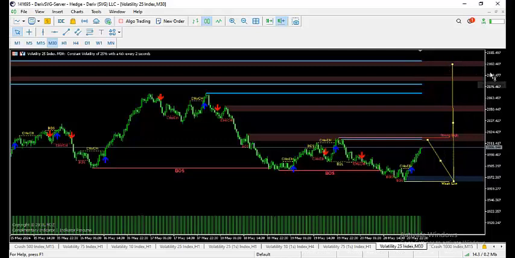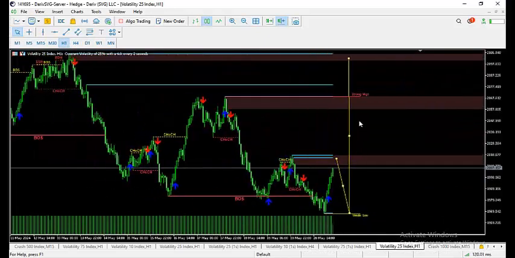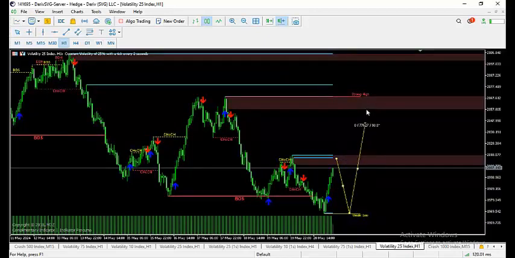So, trading our profit and all that on volatility 25, we use this. You can see there is a strong high over here, and this trade coming down will be used to clear liquidity over here before price drops back down into this order block.